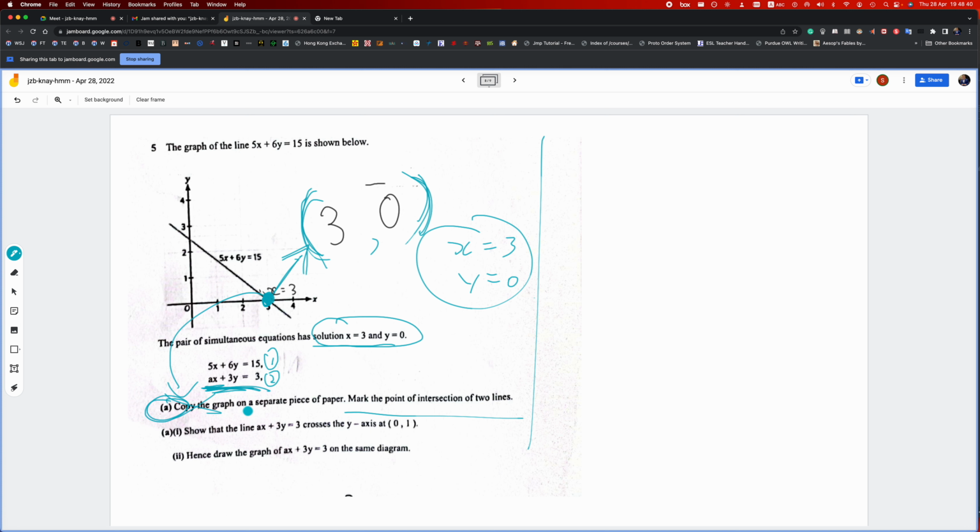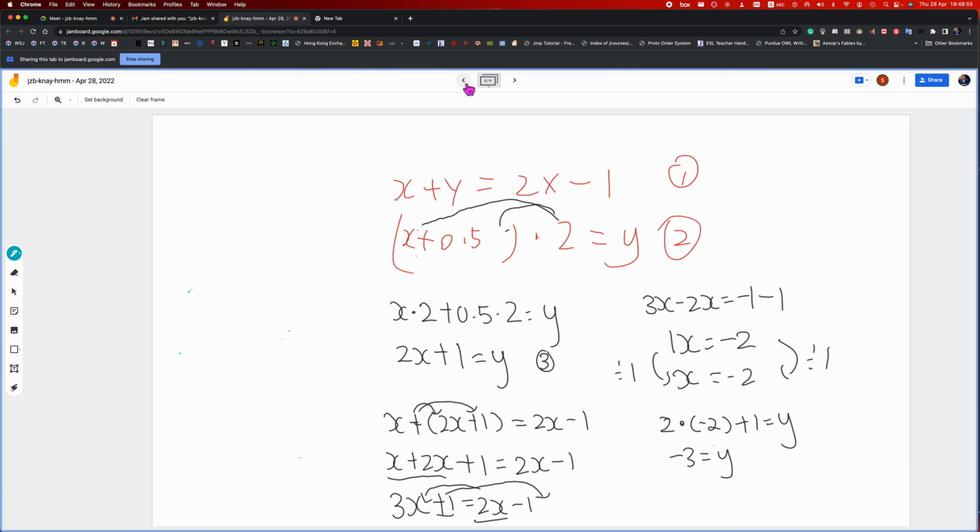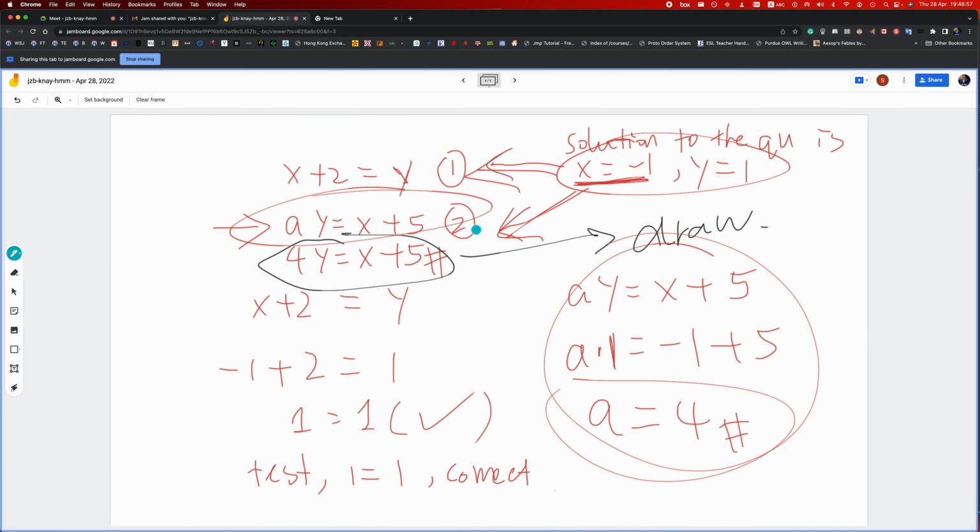Can you remember how to find A? Don't waste my time. You know or you don't know? Yes or no? Not really. Let's go back. Can you remember slide 4? I'm at slide 4 now. You test the 1 and then you test the 2.